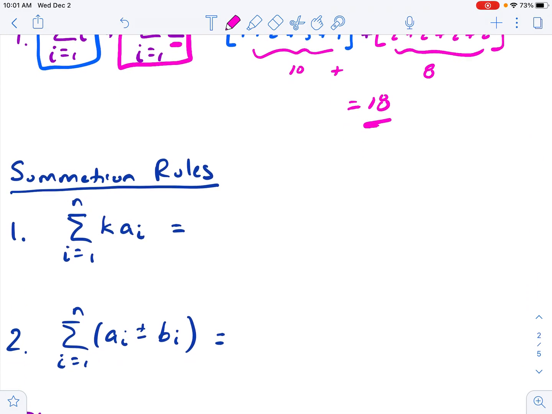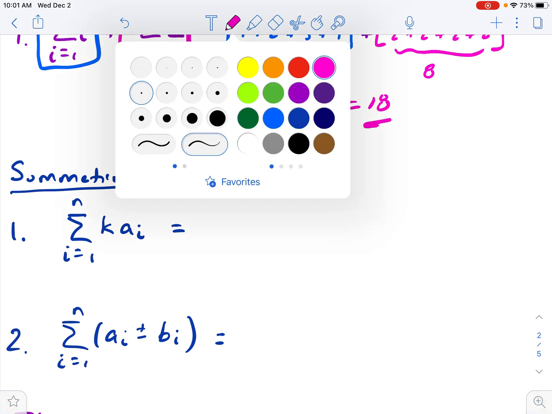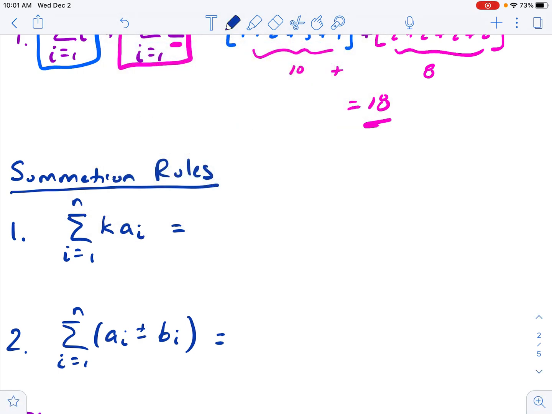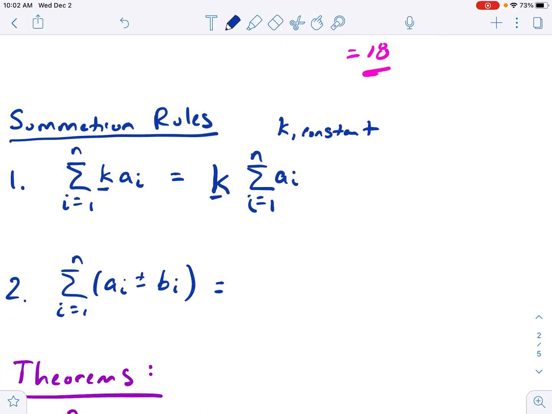Here's a couple summation rules. Number 1, the summation as i goes from 1 to n of k a sub i, where k is a constant. We can move the constant out in front of the summation and do k times the summation as i goes from 1 to n of a sub i. Those will be the same, okay? So we can move constants out front.